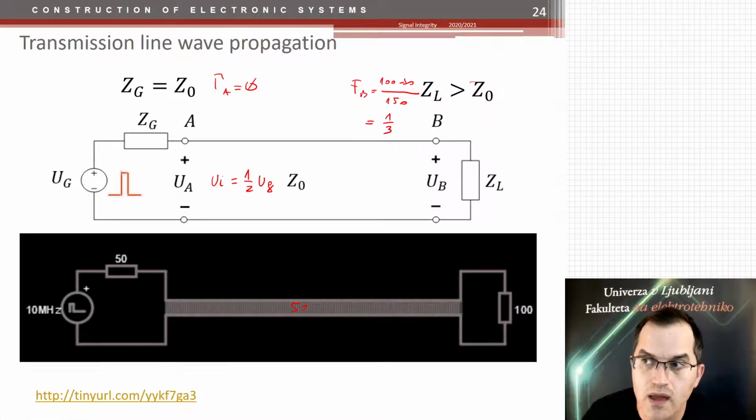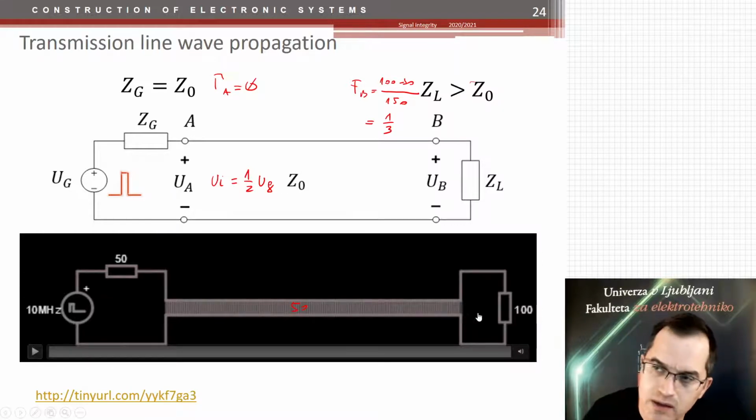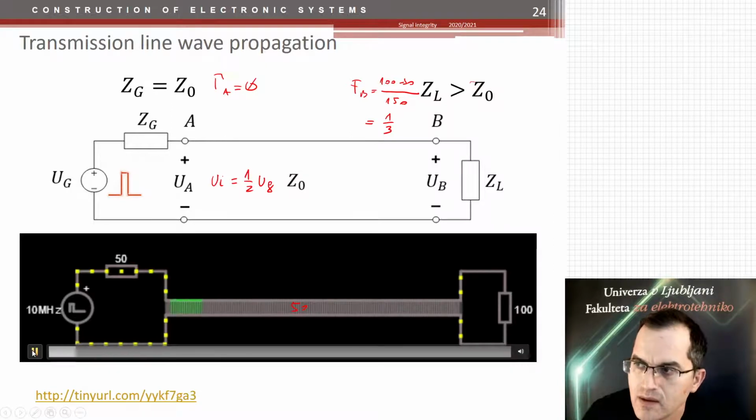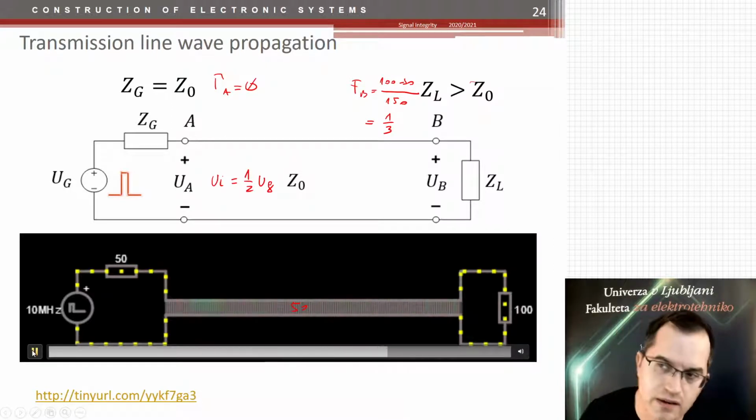And here you see that the signal, when it's reflected back, also feels a reflection here. And here, luckily, the reflection is 0. So this event ends in 2 TPDs: 1 TPD to get to the other side and 1 TPD to get back. TPD is the propagation delay time.